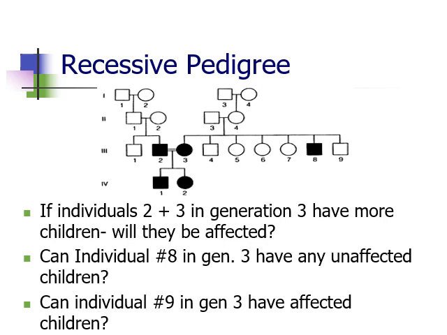The answer is yes, he could have unaffected children. If he mates with someone who is carrying just one lowercase letter and then one capital letter, then there's a chance that his kids would get that capital letter, and that would dominate over the recessive ones, and they would not be affected.